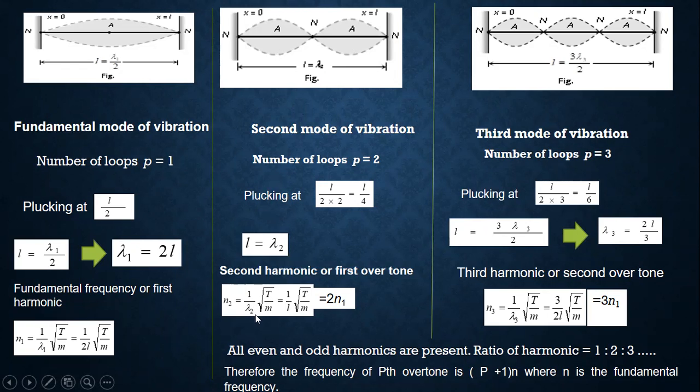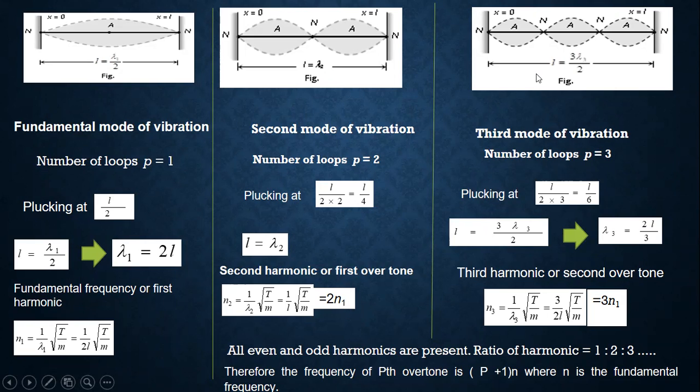We substitute v = √(T/m) and λ2 = L. Then we get (1/L)√(T/m). By multiplying and dividing by 2, we get n2 = 2n1. So the second frequency is 2n1. This is called the second harmonic, as well as the first overtone.